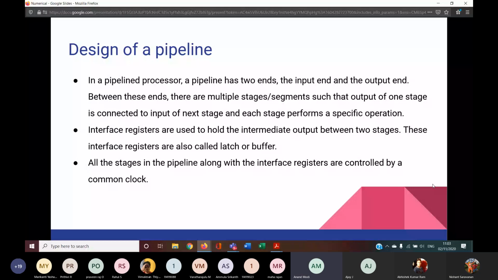So let's say in process 3, there's a result that we need to store for process 4 or even 5 or later processes. Interface registers would store that result, and this would create a buffer too. That's why these registers are called buffers. And all these stages in the pipeline, along with the interface registers, are controlled by a common clock. We can go to the next slide now.